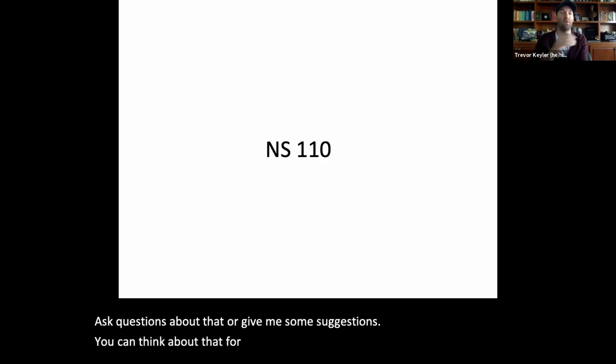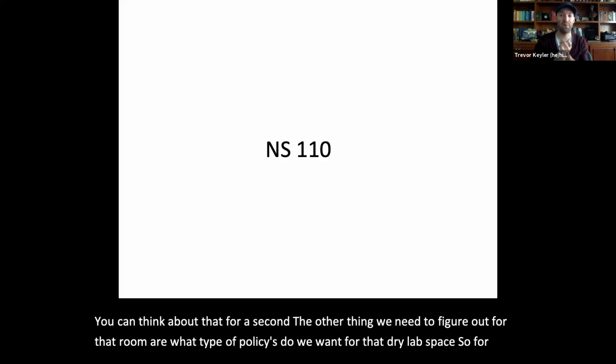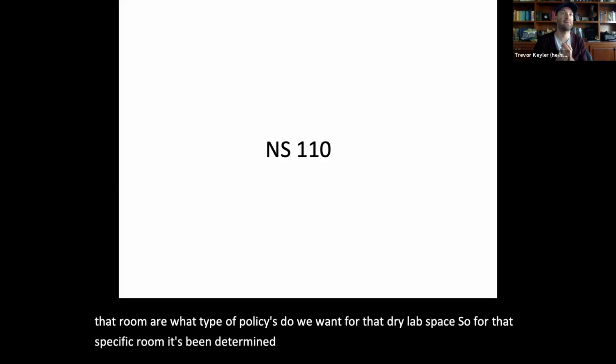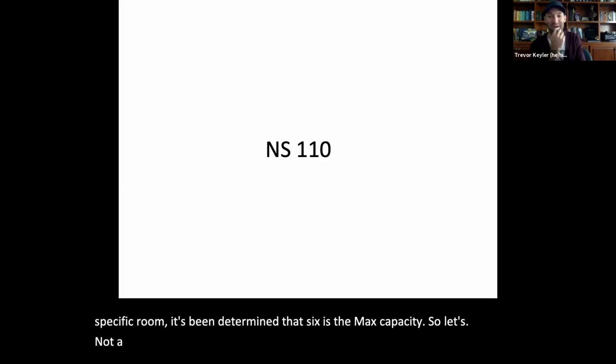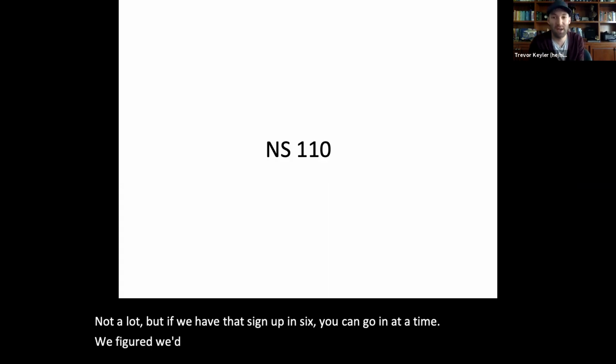The other thing we need to figure out for that room are what type of policies do we want for that dry lab space. For that specific room, it's been determined that 6 is the max capacity. So that's not a lot, but if we have that sign up, then 6 can go in at a time. We figured we'd hand sanitize upon entry. There's hand sanitizer in there already.